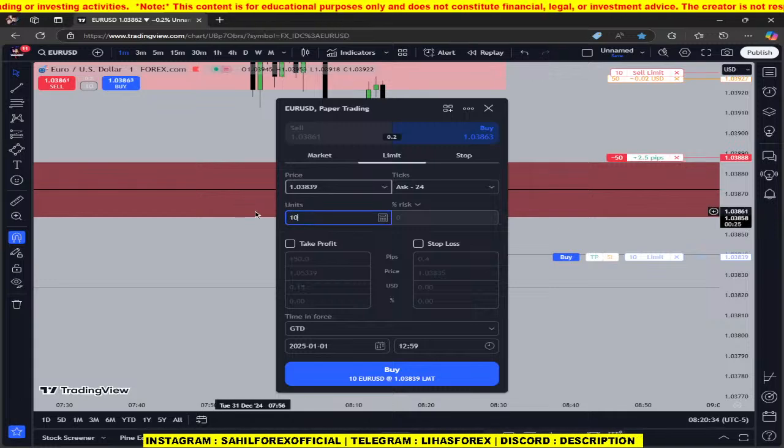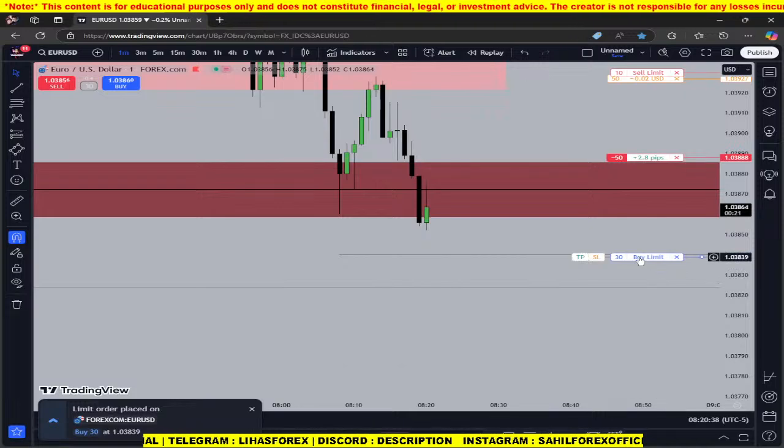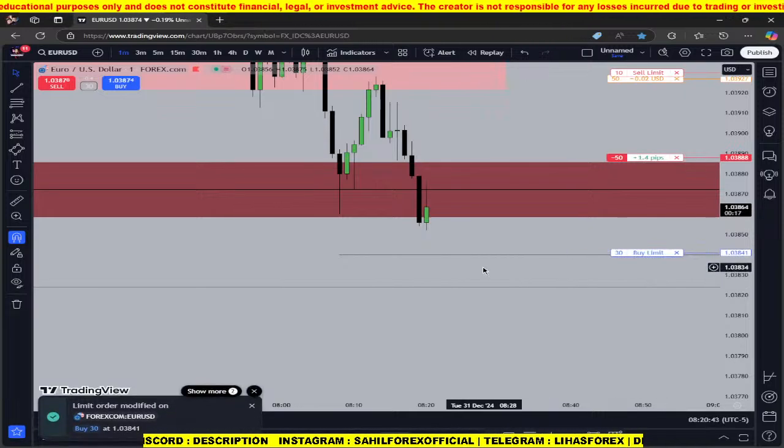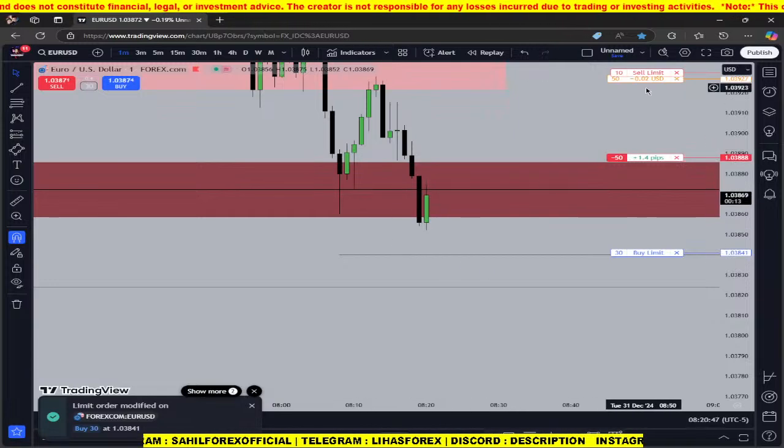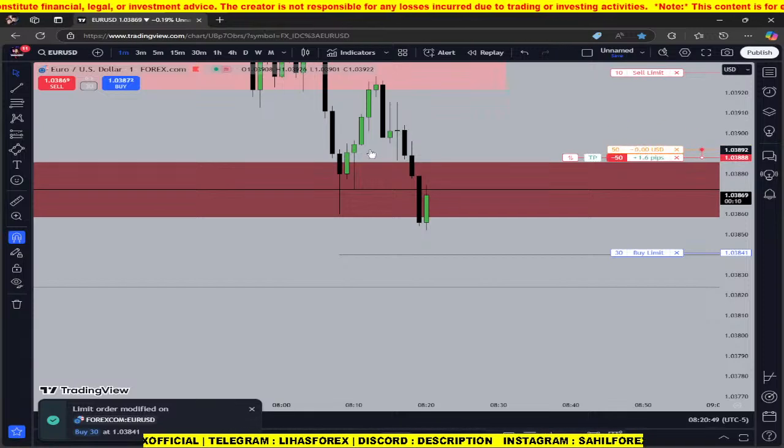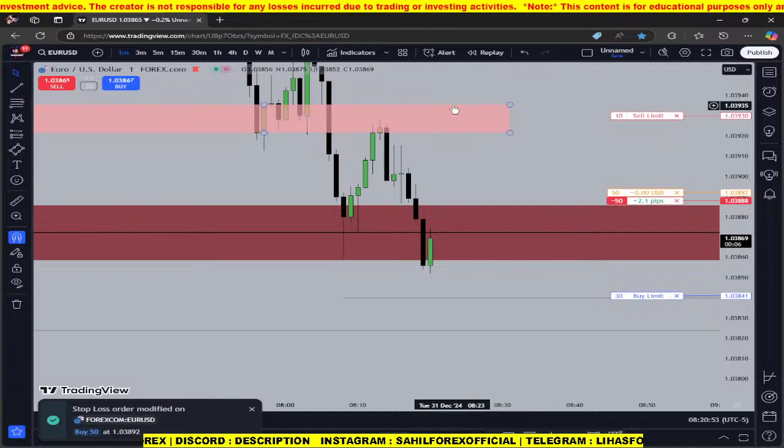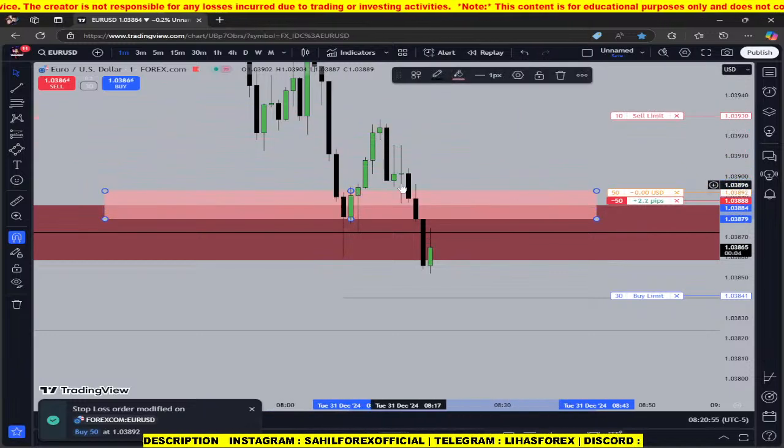I will just buy 30 over here, a little bit above to get my spreads right. That's not a good thing, to be honest. I just get my stop loss right above this. This balance area now is going to defend me.